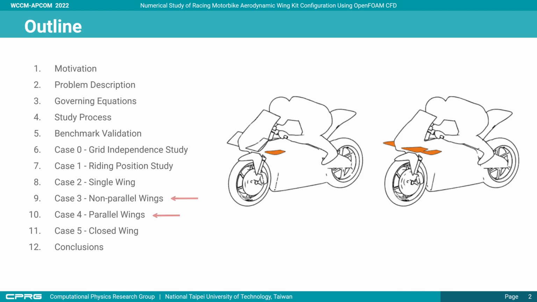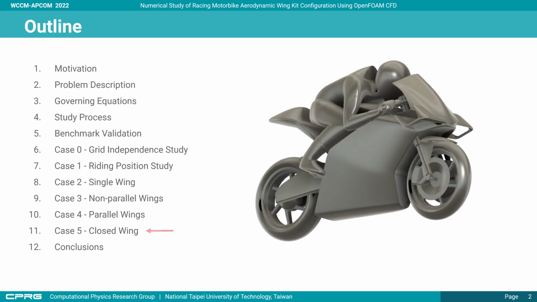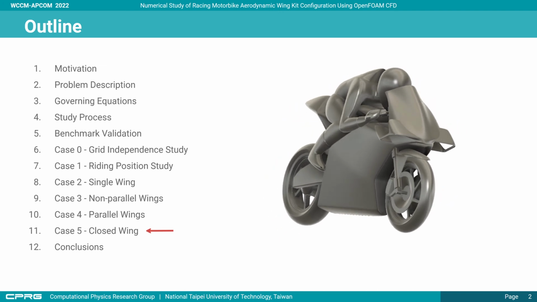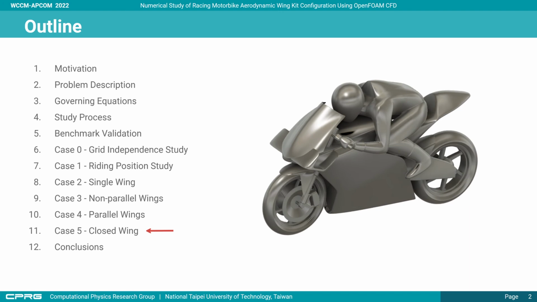In case 3 and case 4, we study non-parallel wings and parallel wings, based on the highest absolute value of lift-to-drag ratio of aerodynamic wing kit above. In case 5, we study the closed wing and run simulations of the LES model to analyze the vortex structure.